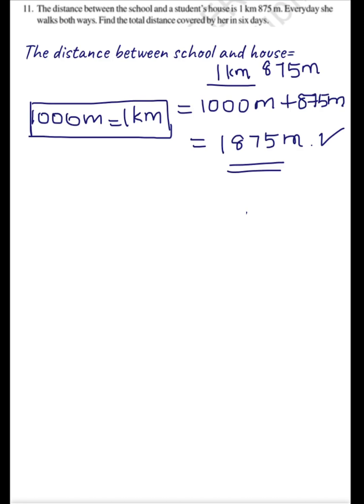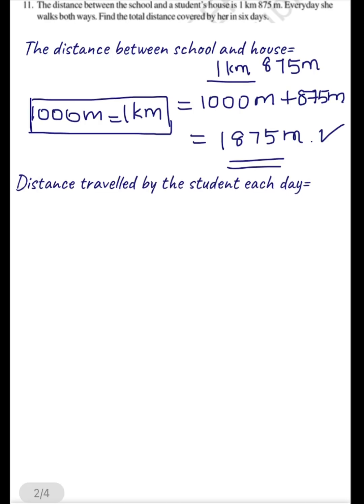The distance between school and house is only one way, but every day she walks both ways, so you have to multiply this 1875 by 2. So the distance traveled by her each day is equal to this. Let's write it. You just have to multiply.